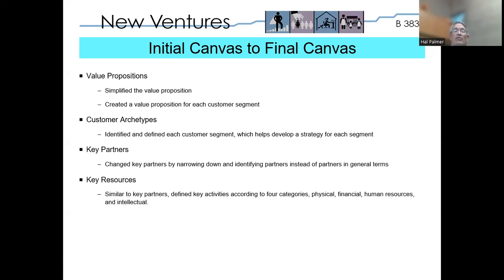Undoubtedly, original assumptions will change as we learn more about customers and their needs, and when we learn more about our product and what we can actually make and how to actually get it to the customer. All these things pivot and change a little bit, including costs and revenues.